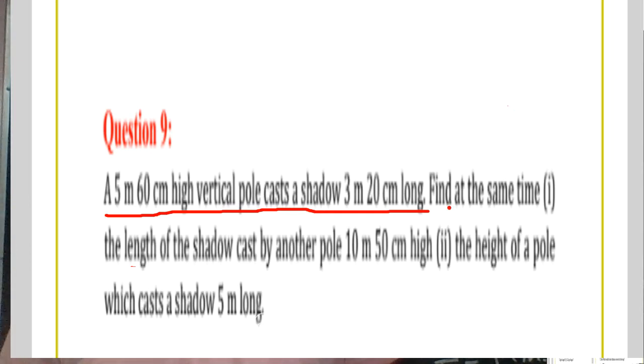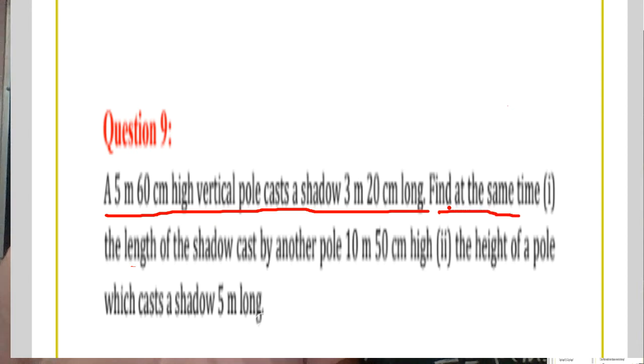Okay, you can see here 5 meter 60 centimeter. It means that you can say that 5.60 meters is the height of the pole and the length of the shadow is 3.20 meters.